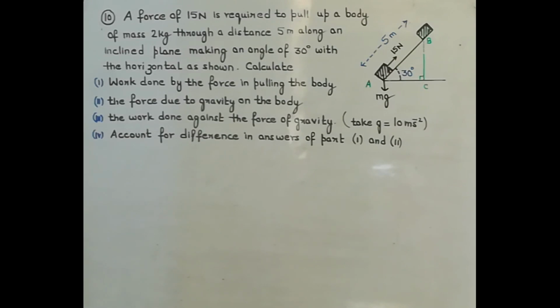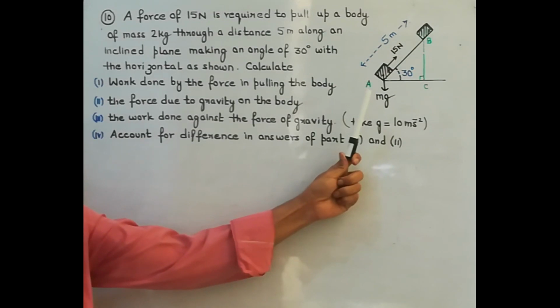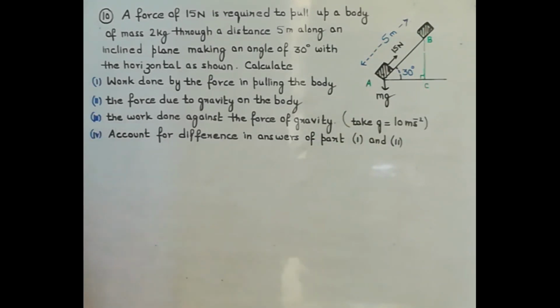Now see numerical number 10. In the diagram they have shown a body which is placed at point A, and then that body is raised to point B along the surface AB. See, the diagram shows the body placed at A. It is raised to point B along the surface AB.